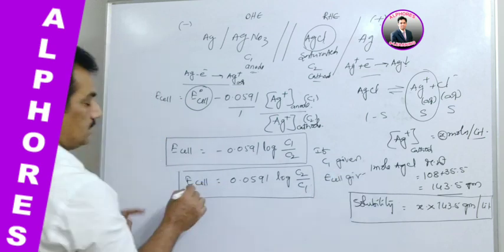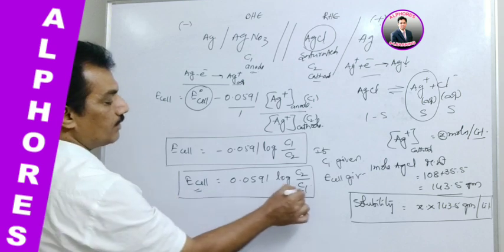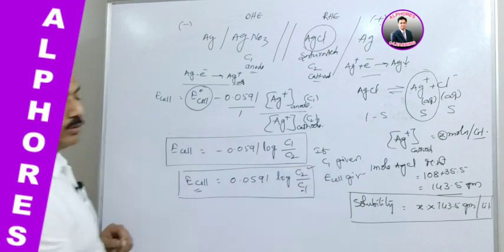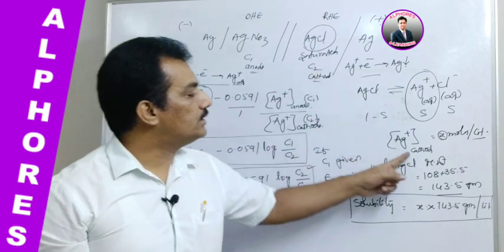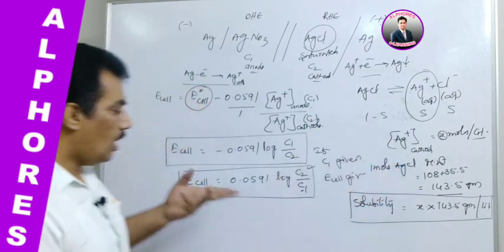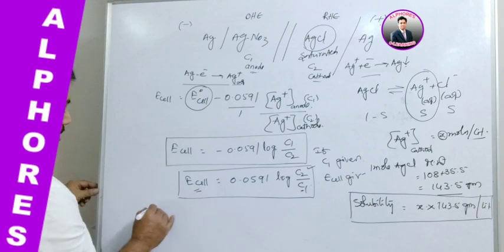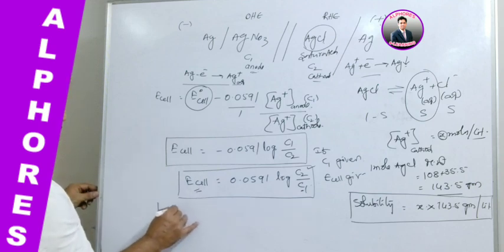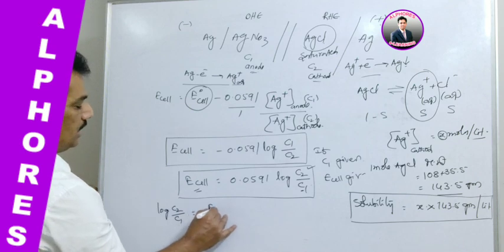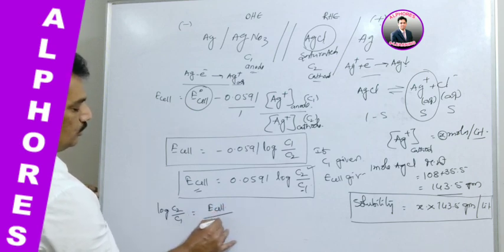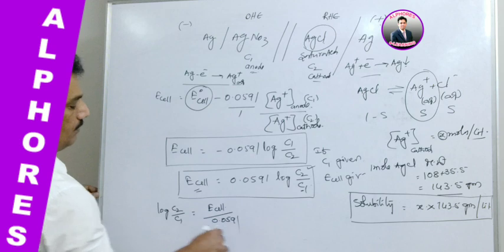in these two cases, that means when these two are given, then C2 we have to find, because it is nothing but the concentration of Ag+ at the cathode. So how to get it? Simply log C2 by C1 is equal to E cell by 0.0591.